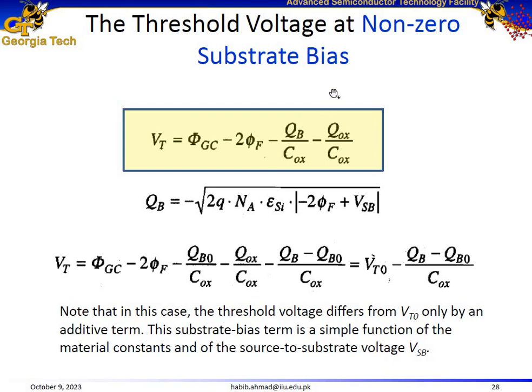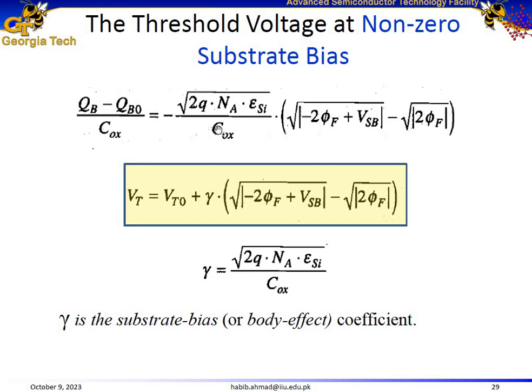So now our threshold voltage under non-zero substrate bias is equal to VT naught, the threshold voltage at 0 substrate bias, minus this small term, this additive term.